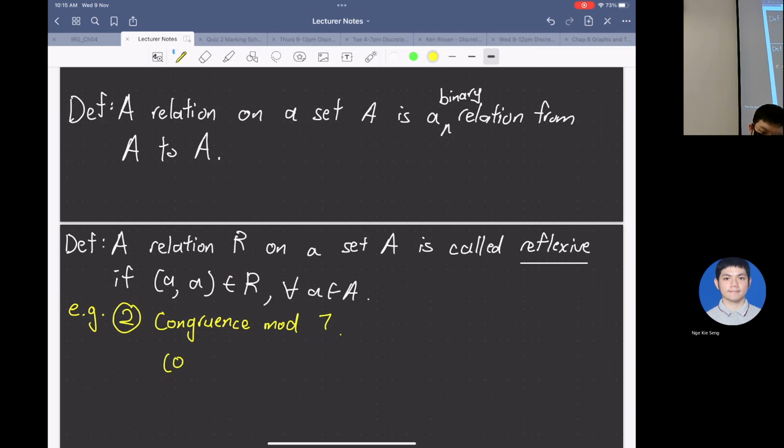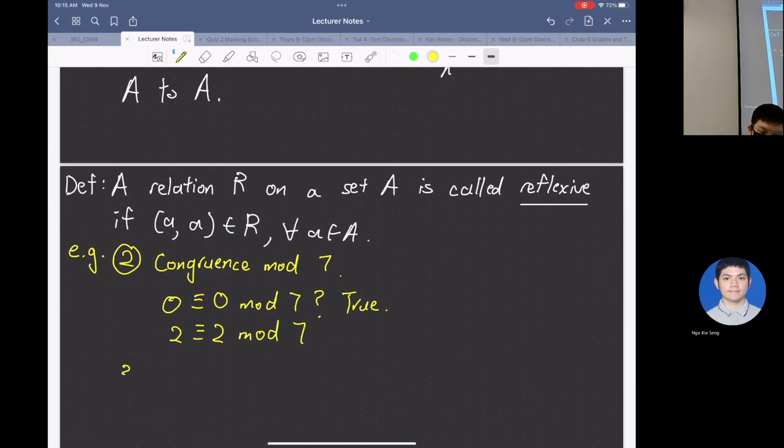For example, is 0 congruent to 0 mod 7? Right, so this is true. And then 2 is also congruent to 2 mod 7. So you and yourself is in the relation.